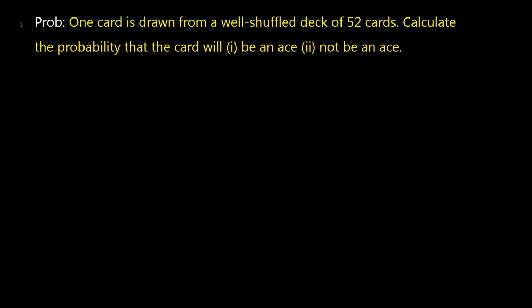Go for one more problem. One card is drawn from a well shuffled deck of cards. Calculate the probability that the card will be an ace or not an ace. Here I will try to apply the complementary events directly.